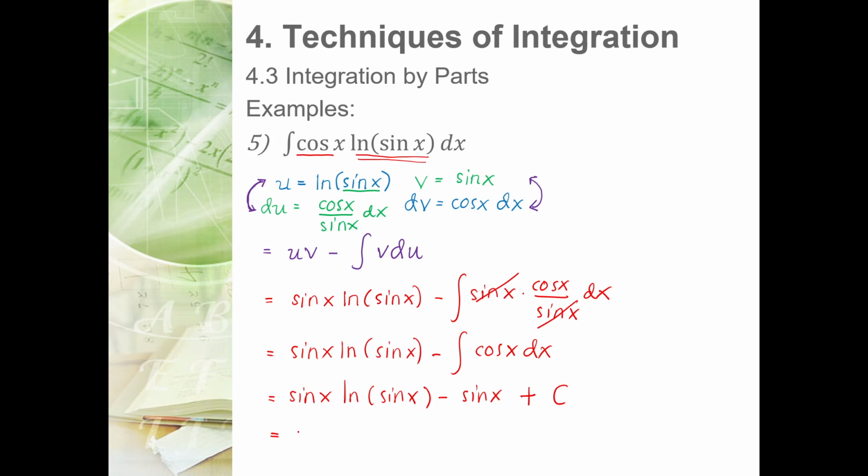You can factor out sine x, so you can also have this answer. I can give you the full credit for this answer. But if you want to simplify it, this one is the final version.